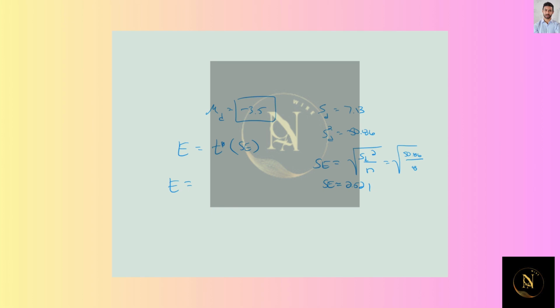Our critical t, if our degrees of freedom is the sample size minus 1, or the pairs, that would be 7. And we're doing this at a level of 95%, so alpha is 0.05, and so our critical t with 7 degrees of freedom is 2.3646, times our standard error of 2.521.